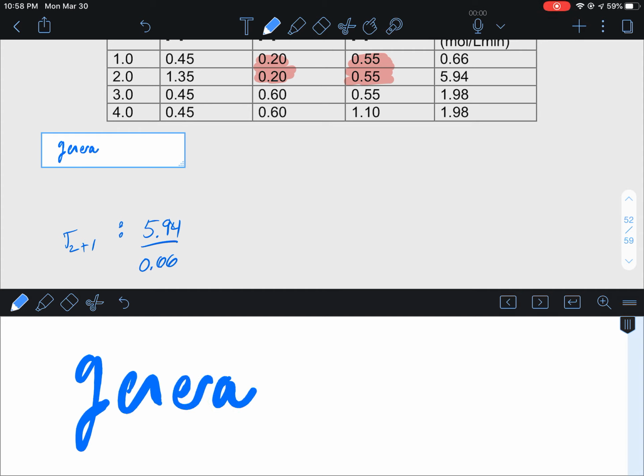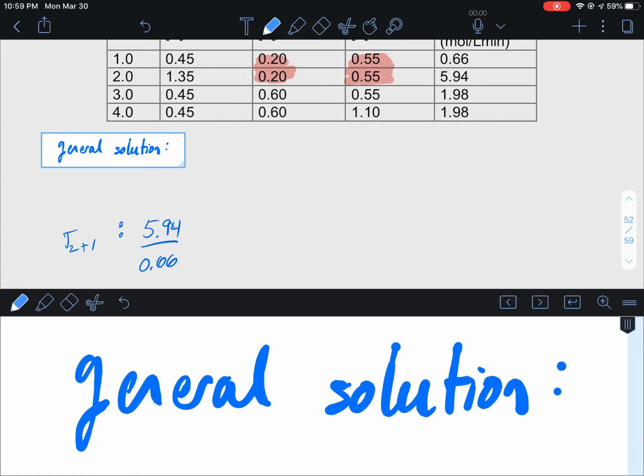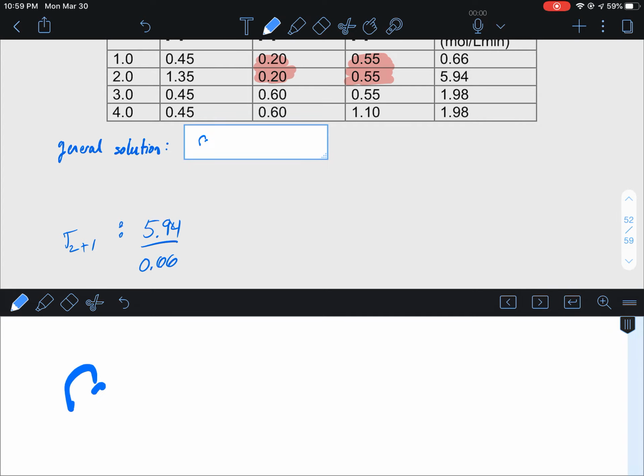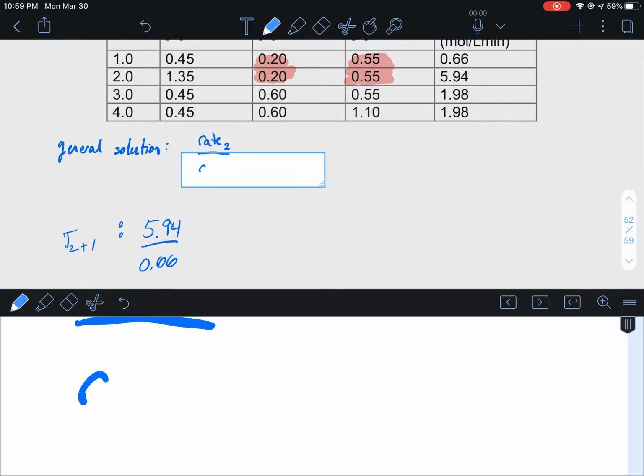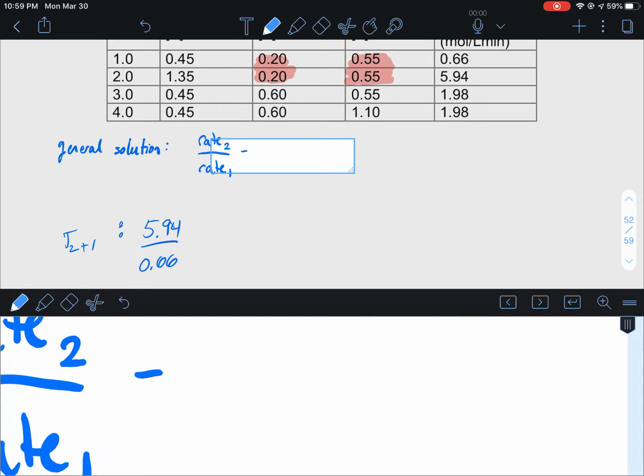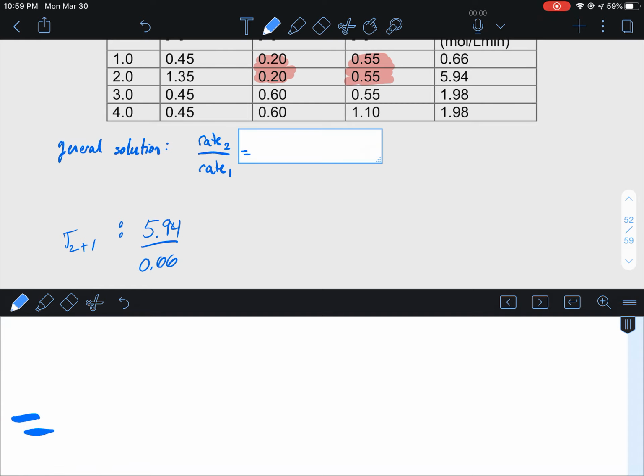General solution. We're going to do something like this: rate 2 over rate 1 is equal to, I like to set it up this way. I think this is where we're going to go anyways.